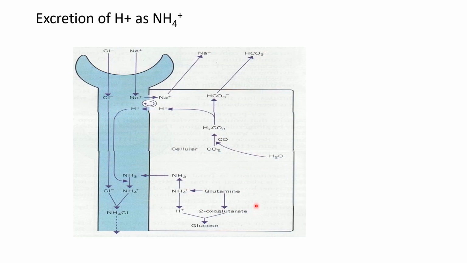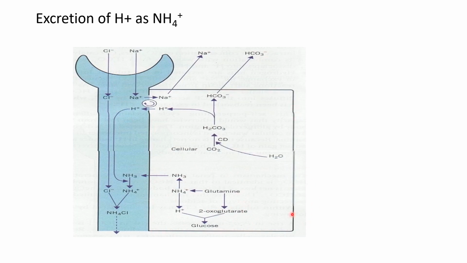Now, if you look at this, in situations where bicarbonate reclamation has stopped and bicarbonate regeneration is ongoing, and at a point where the phosphate buffer is no longer available to mop up this excess hydrogen ion, then the ammonium buffer system comes into play.